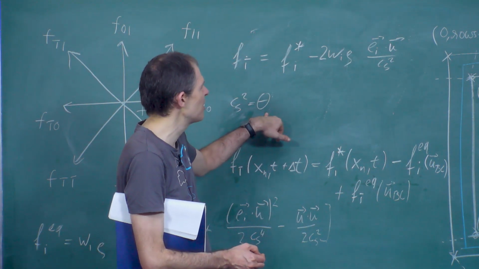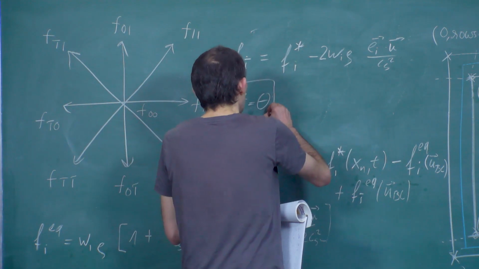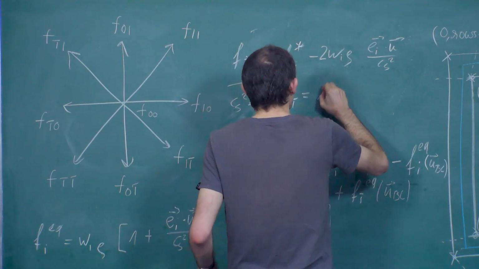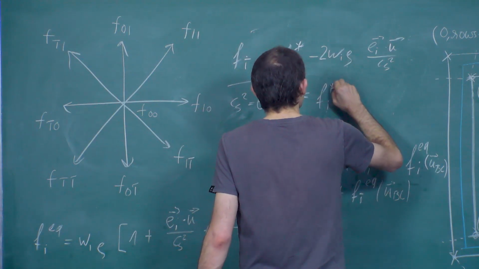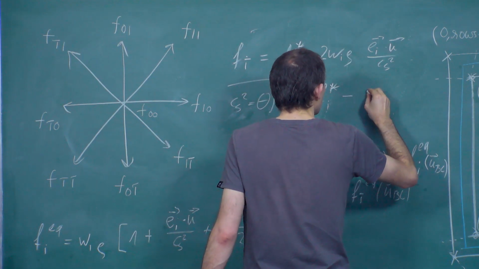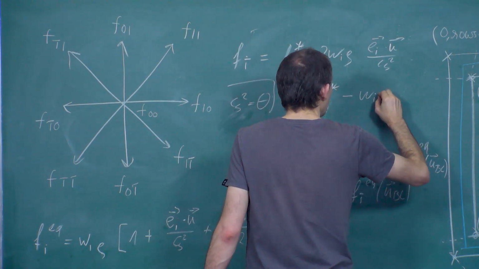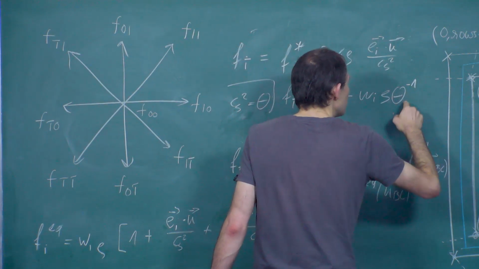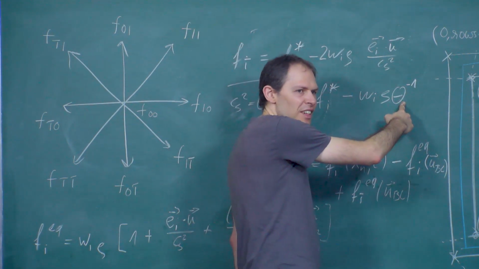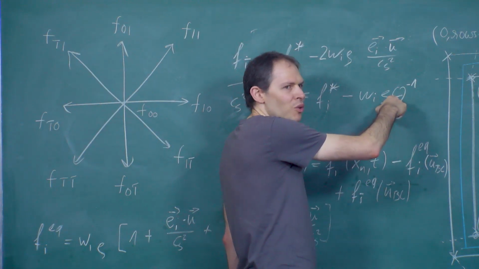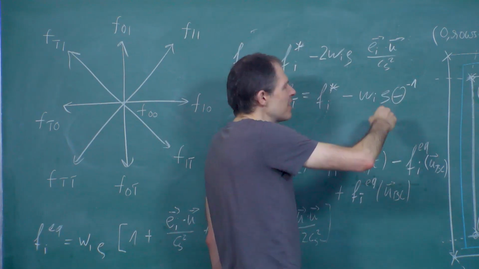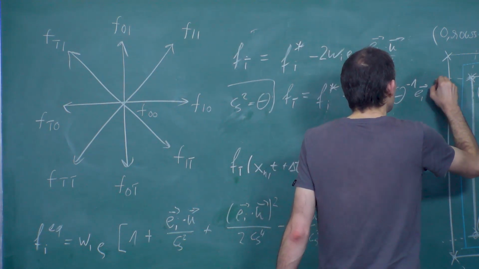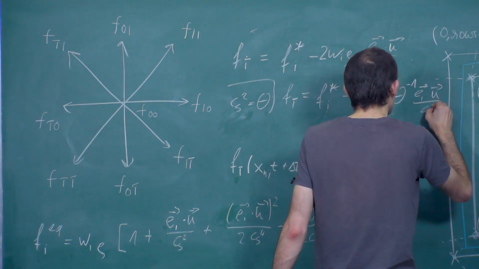So this is a dimensionless temperature, such that we can write the above also as Fi asterisk minus omega I rho, now theta by -1. And this is the mistake that I had in my writing. So yesterday I wrote theta, so obviously it is the inverse of theta, EI times U divided by CS square.